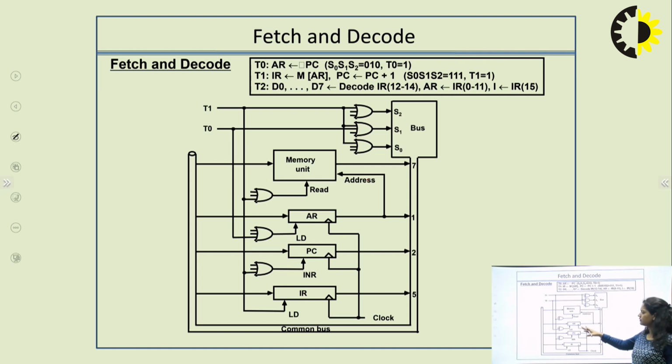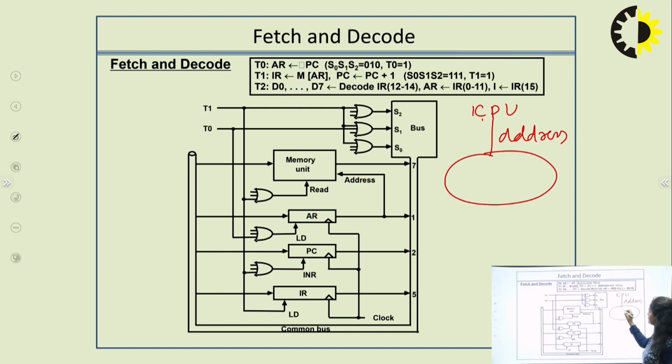Here we have the address register, program counter and instruction register. For fetching an instruction from a memory unit, first we need the address of that instruction, and that address is issued by the CPU. First of all, the CPU will issue an address, and that address will be searched in the RAM memory, that is your main memory.